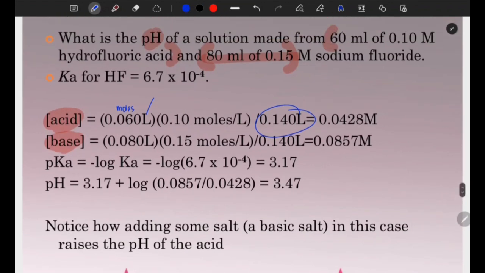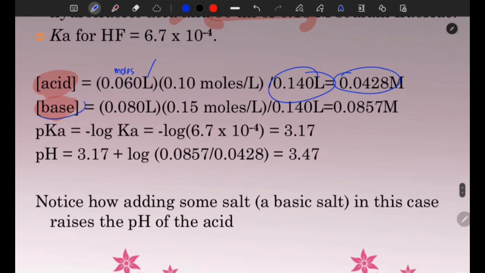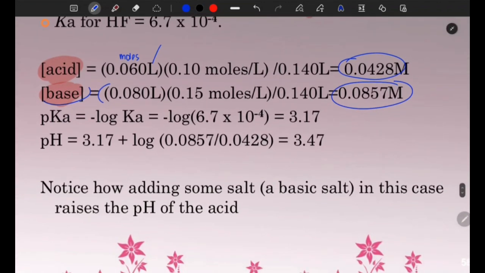The total volume is 0.140 liter, and this is what we get, which is 0.0428 molar. Similar thing with the base. To find the concentration of base, just divide the moles of the base by the total volume in liter. So this is what we get.